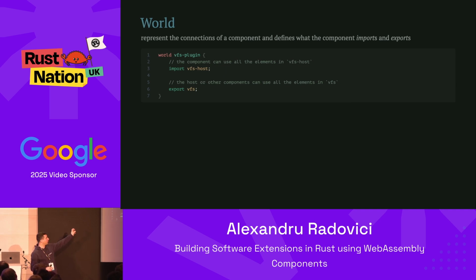The imported interfaces, so VFS host, virtual file system host, is the interface that the component will use to do its job. So the component will call the methods or the functions there, and the host will call the methods and the functions from VFS. That's what the component exposes. Of course, the export from one component can be connected to the import of another component. And then components call each other. This one imports and exports one.